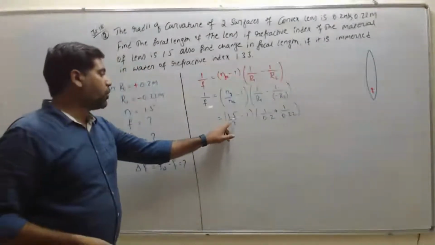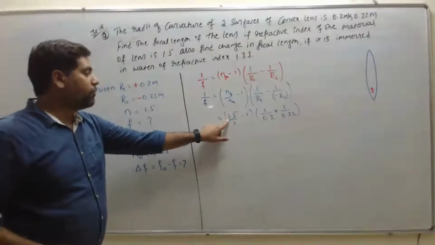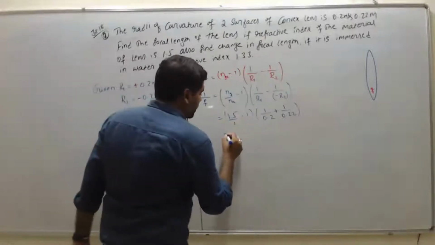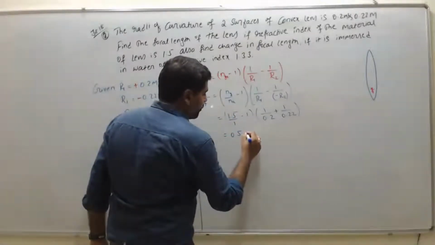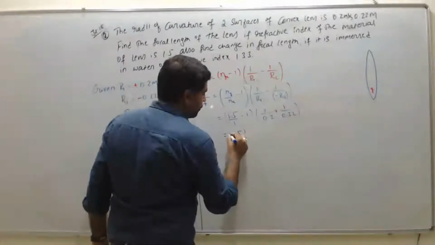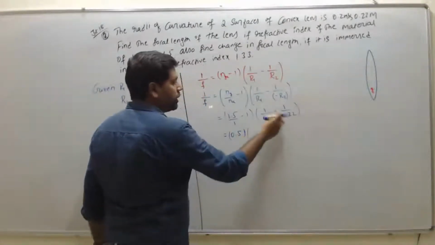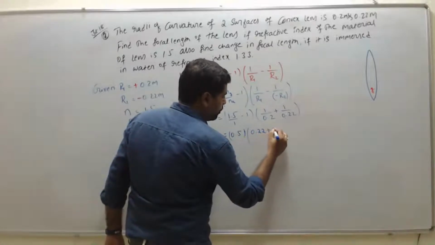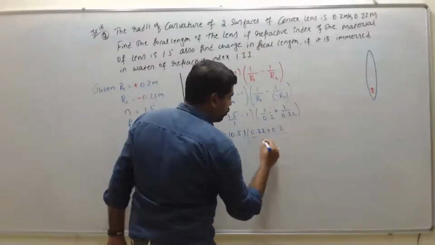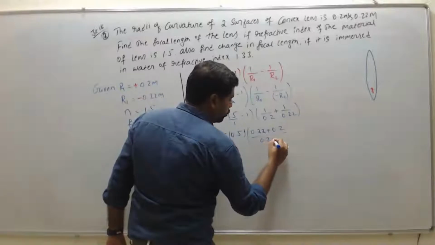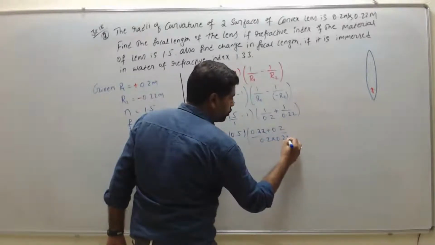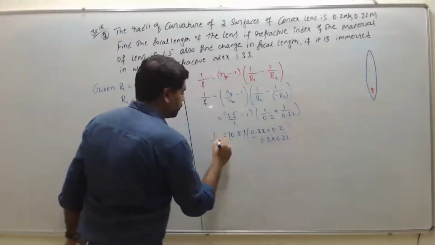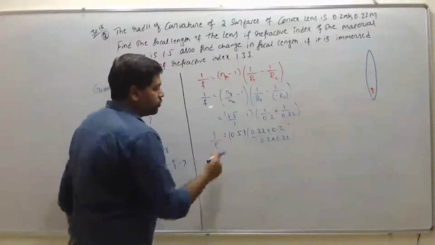So 1.5 divided by 1 is 1.5. 1.5 minus 1 is equal to 0.5, into, if we take LCM here, then we get (0.22 plus 0.2) whole divided by 0.2 into 0.22. So we need the F value.